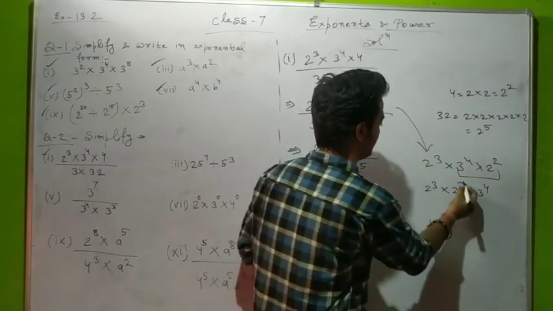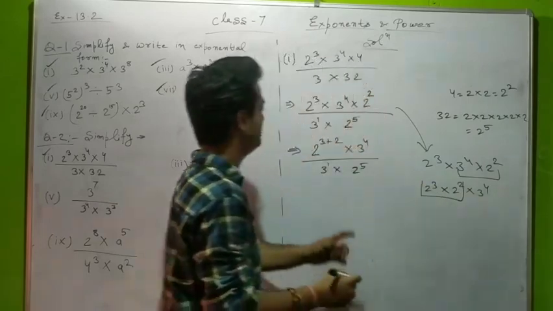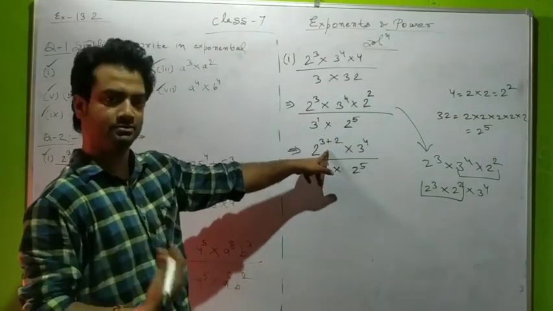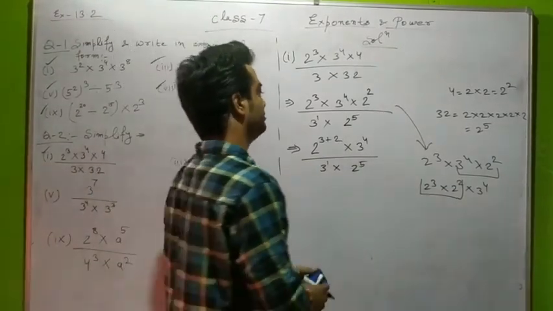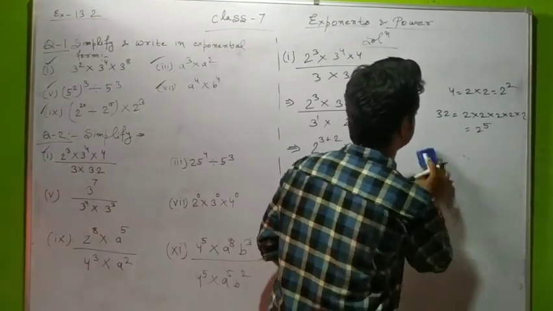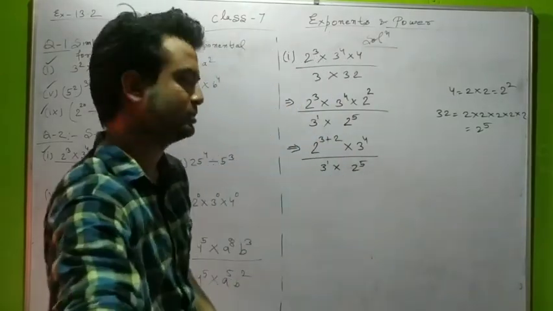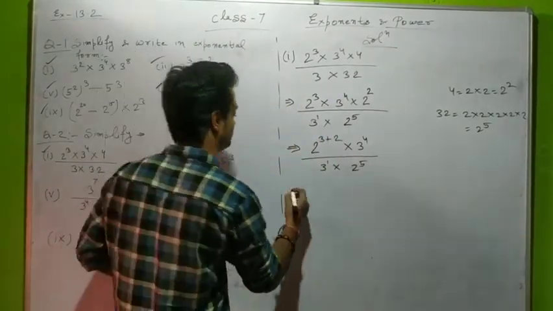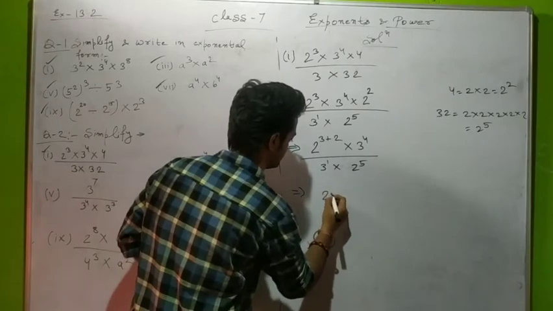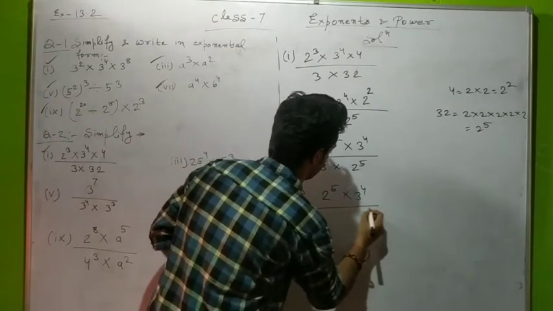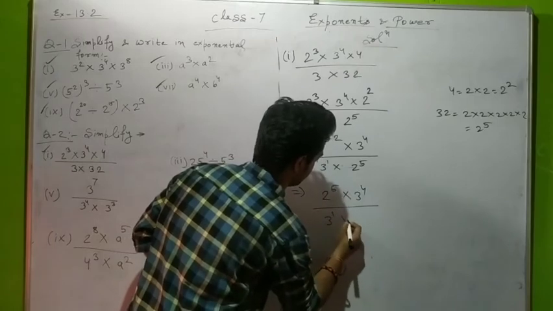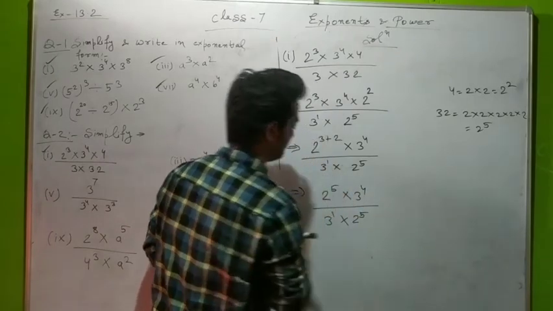Now when I combined these two terms, I got 2 raised to the power 3 plus 2. Okay, that was just to make you understand. Do not write it. Okay, so now it becomes 2 raised to the power 5 into 3 raised to the power 4 upon 3 raised to the power 1 into 2 raised to the power 5.